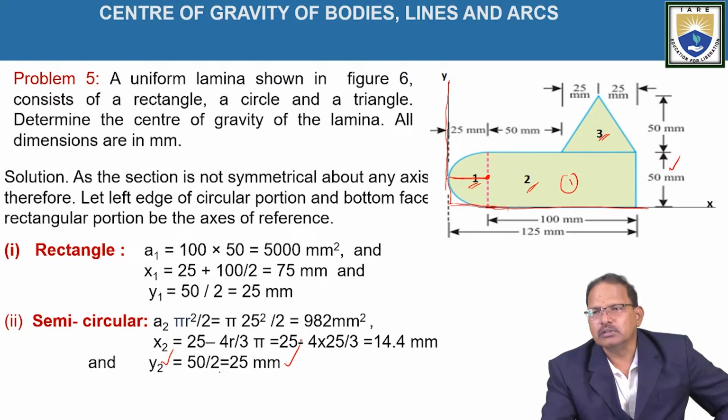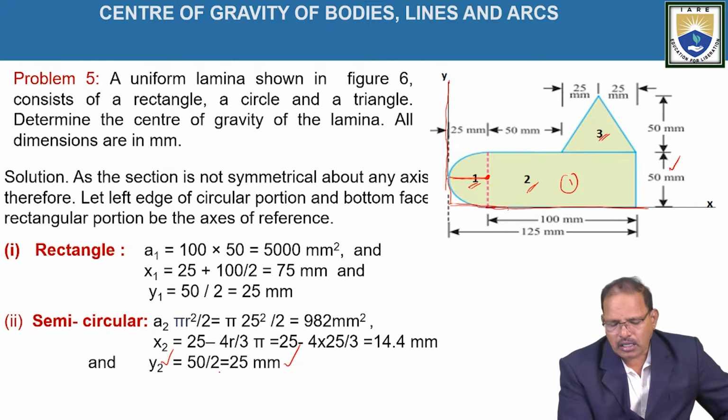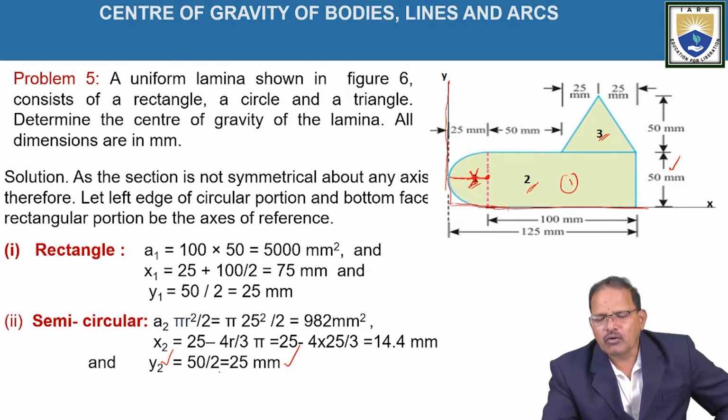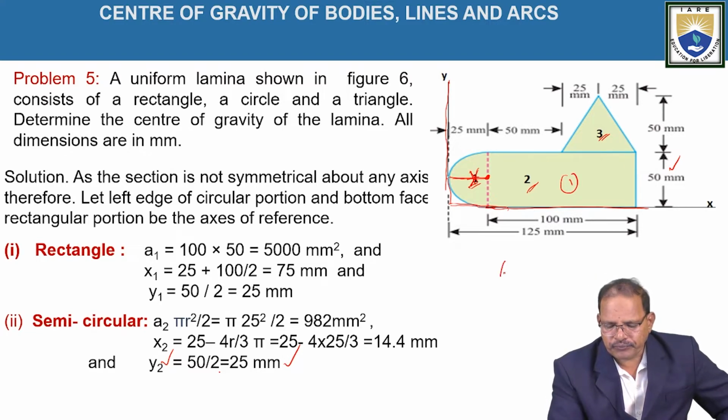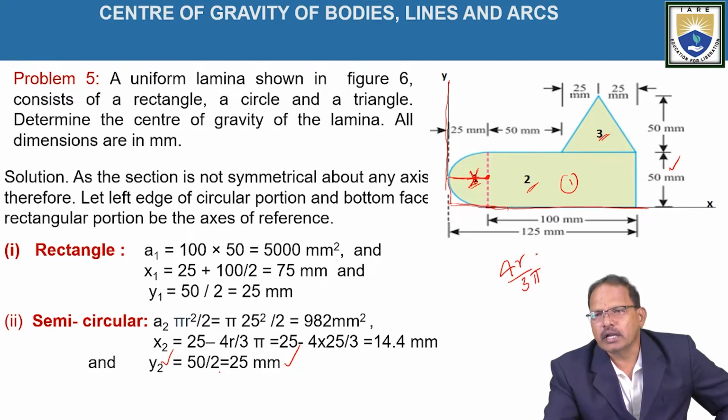Similarly, x2, that is the position of the centroid with respect to the y-axis, is generally given as 4r by 3 pi from the diameter. This is the position of the centroid with respect to the base, that is the diameter.